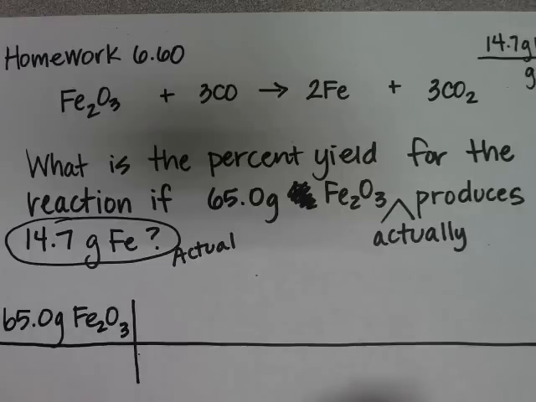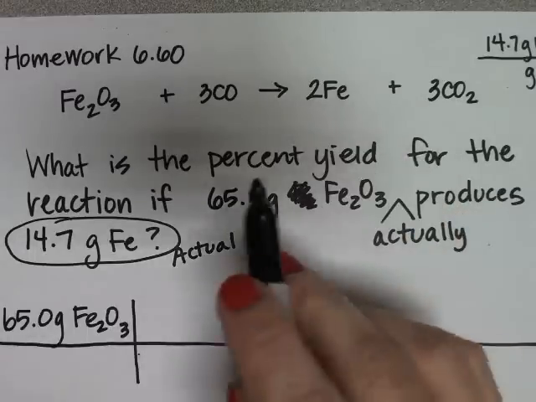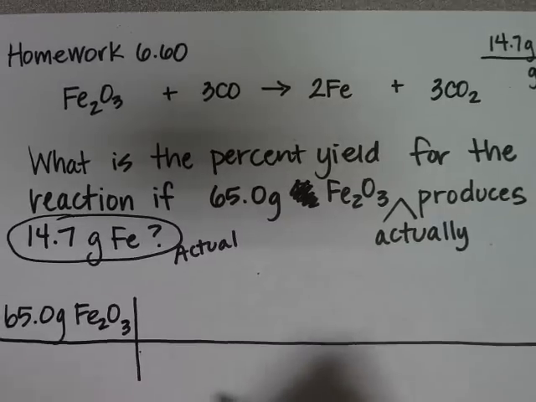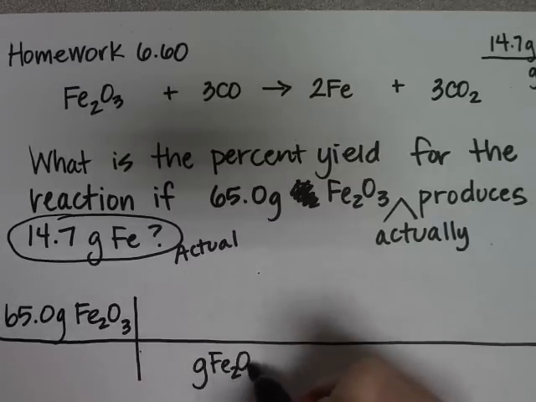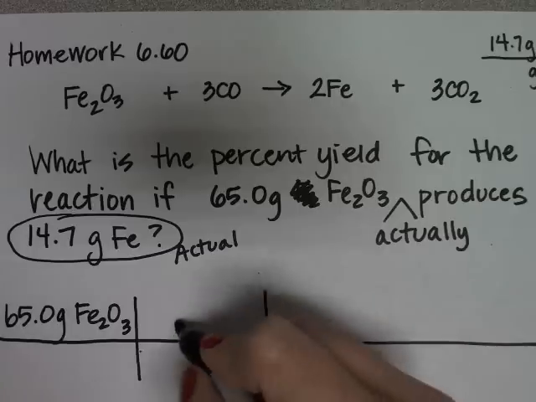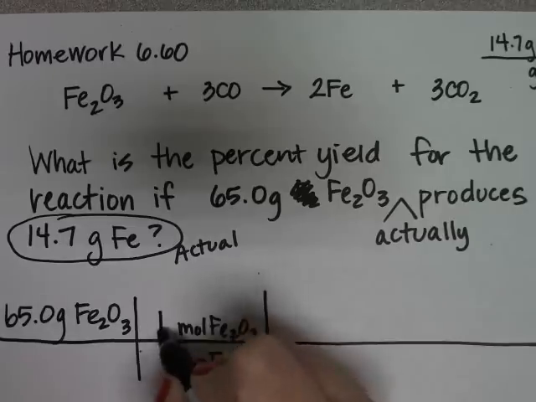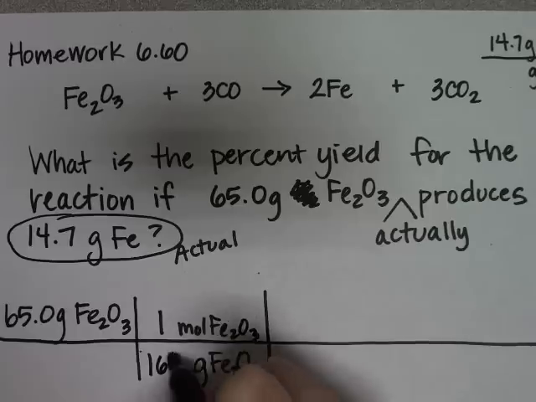All right, so again, you could take the time to write out all of your mole relationships. You could take the time to write out all the molar mass relationships. I'm not going to take the time to do that here. I'm just going to pull them out from the balanced equation. I know the first thing I have to do is convert grams of iron oxide to moles. So the molar mass is 160.